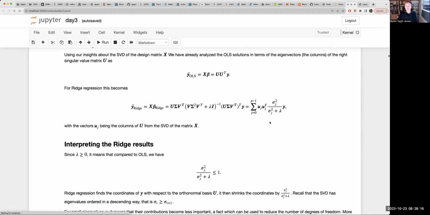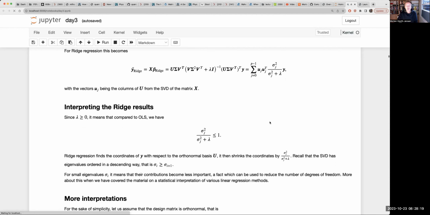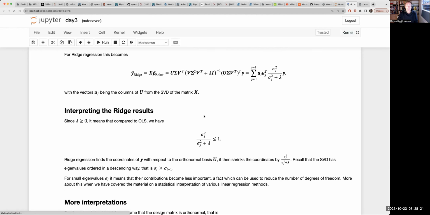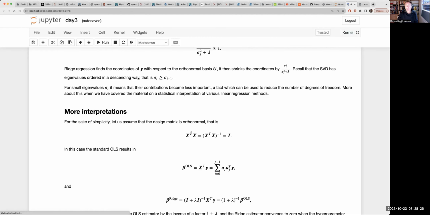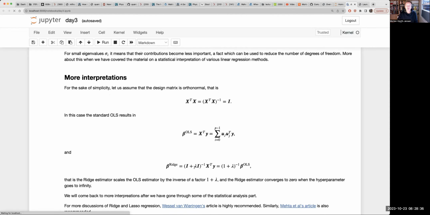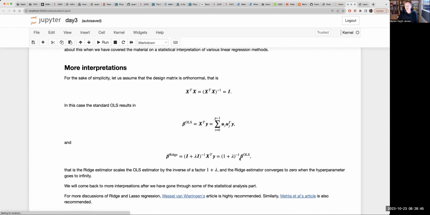And you can see now that in the case of a simpler example, where we simply assume that this x transpose times x is given by an identity matrix, which means that the design matrix itself is orthonormal, then we can give a simple interpretation of ridge regression in terms of ordinary least squares, where we actually have a 1 plus 1 over lambda parameter. So all the parameters beta get shrunk by this lambda here, and lambda is always larger than or equal to 0.